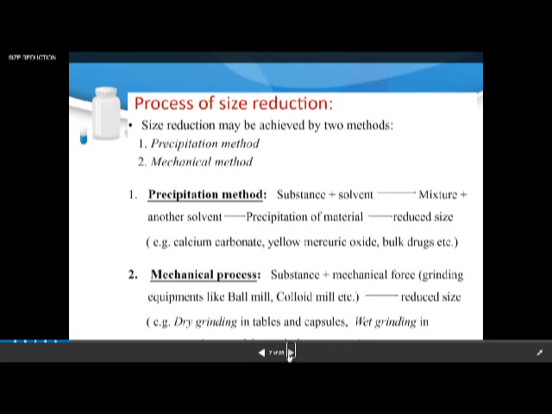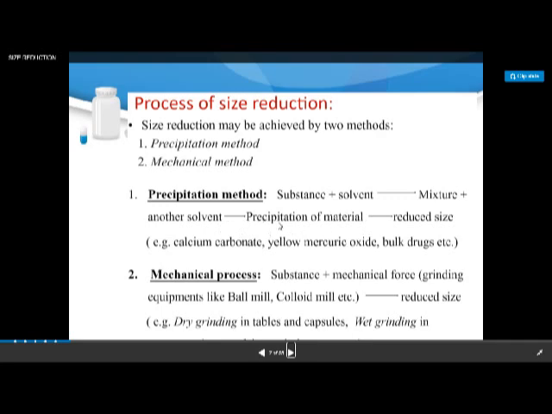In the precipitation method, you can see here substance plus solvent gives you a mixture, by addition of a solute to the solvent. To that mixture you add another solvent which will help in the precipitation of that material.